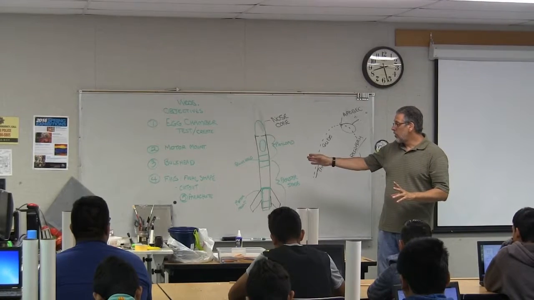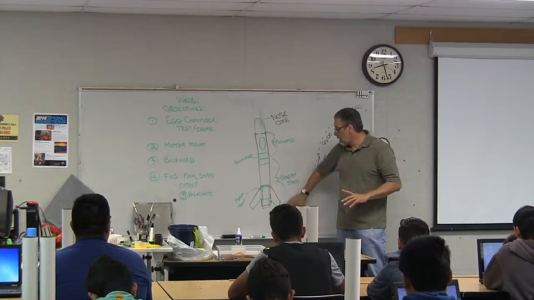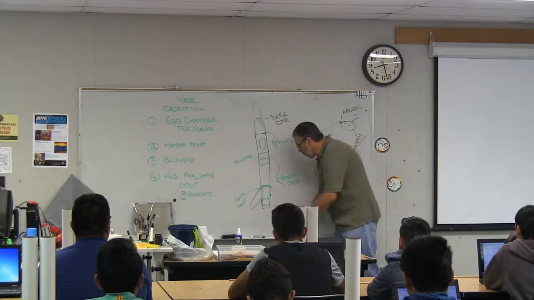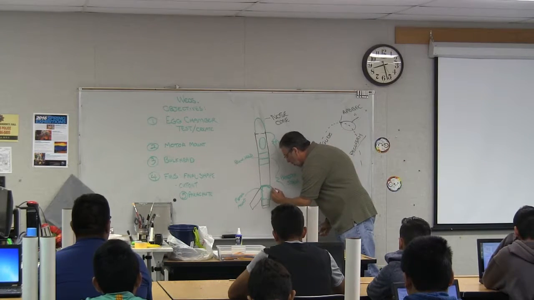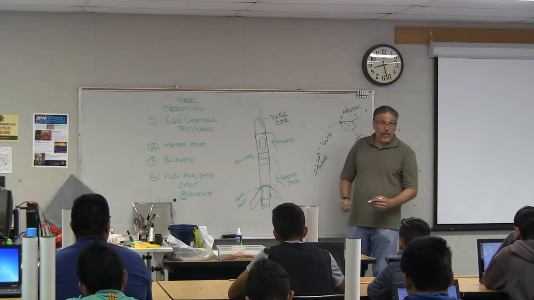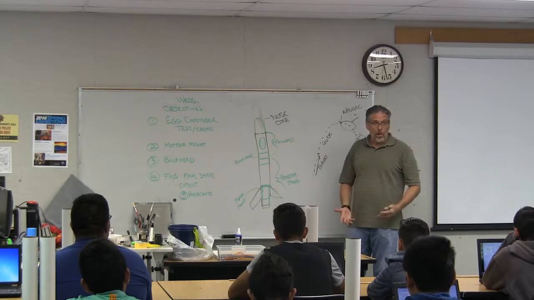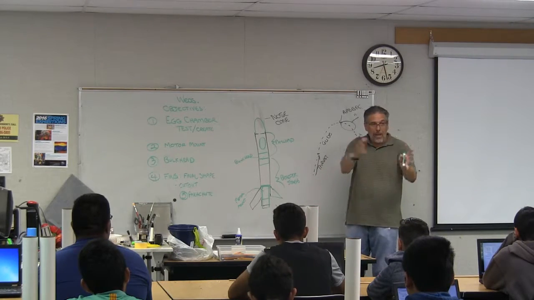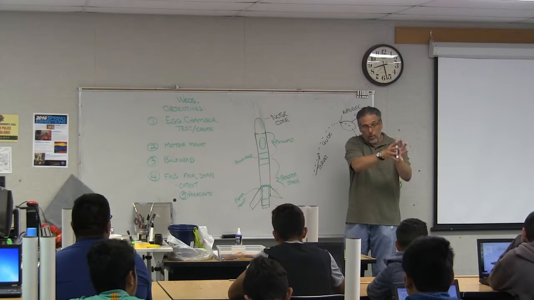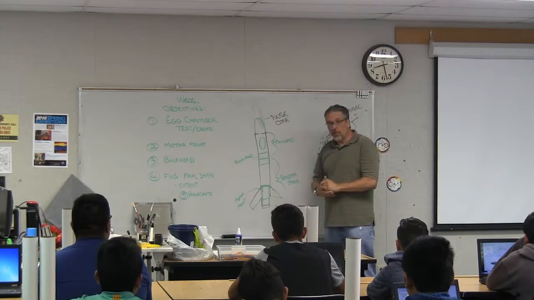Because now you're dealing with something that if you change, you just decide, oh, I can't make these fins look like this, so I'm going to make them like, something else. A little triangle here. That's going to change the stability of your rocket. And the rocket may not fly anymore. It may not do what you want it to do. Okay, so you have to go back and make sure that the design program tells you that it's okay. Then you can make the changes up here.